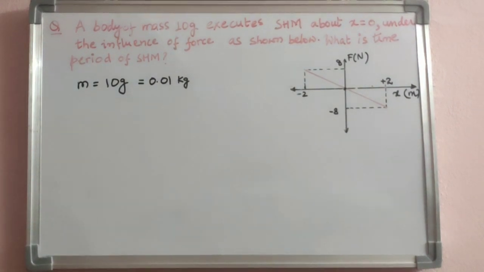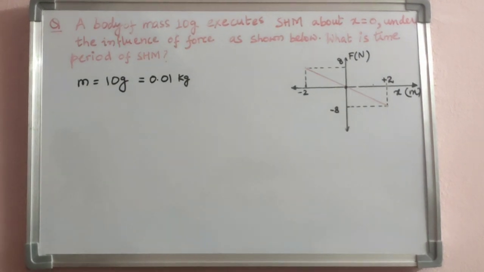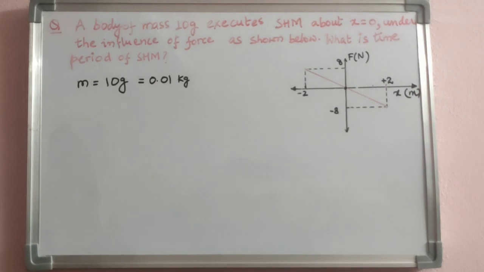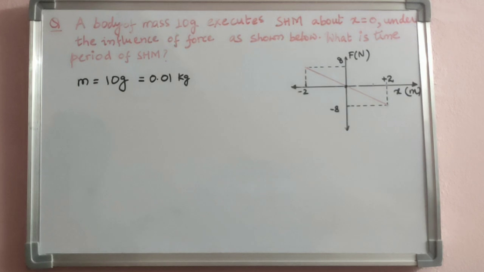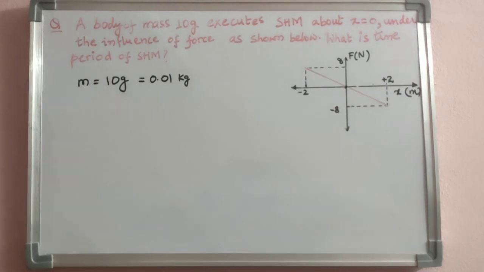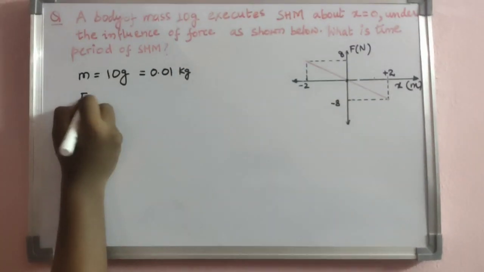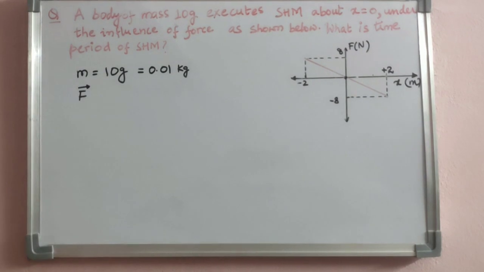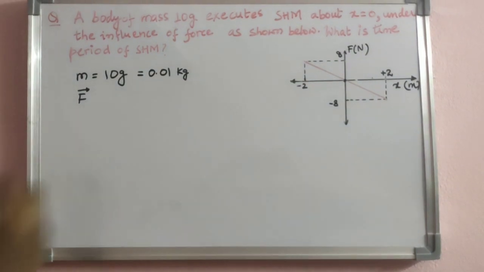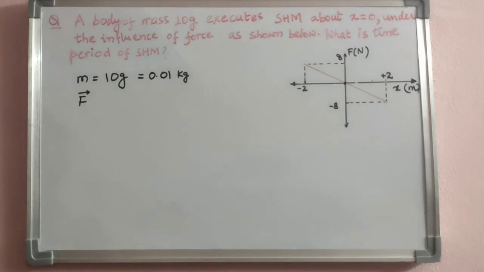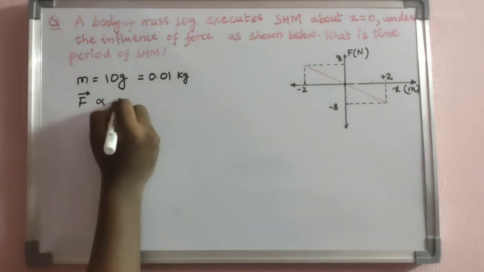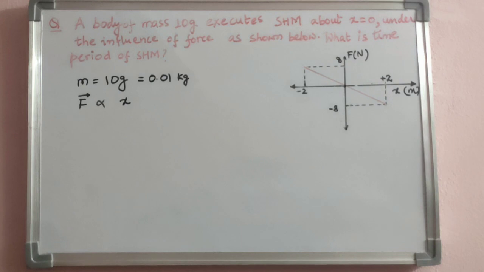Now let us understand what is simple harmonic motion. Simple harmonic motion is the simplest form of oscillation in which the force acting on a body, let that be F, is proportional to the displacement of the body from the mean position.